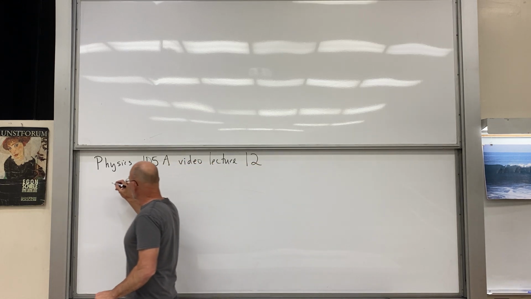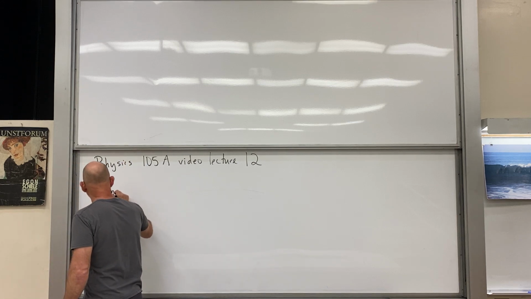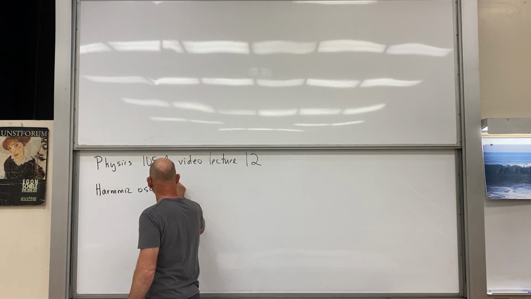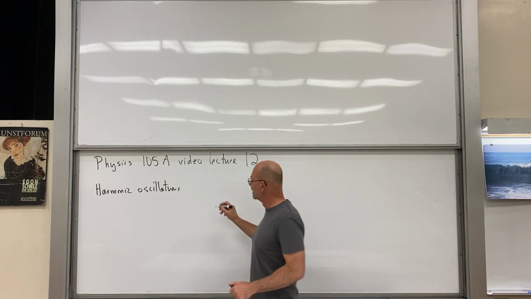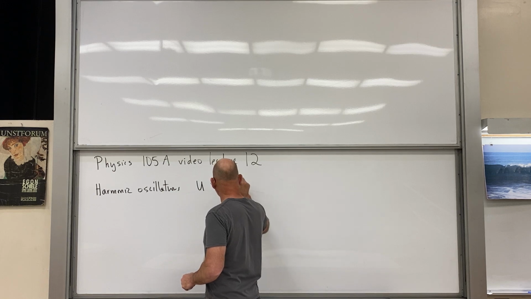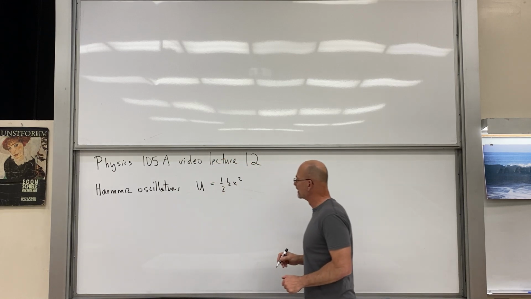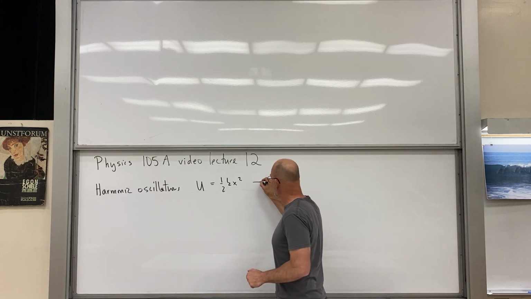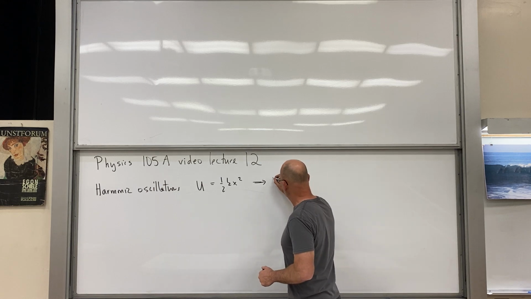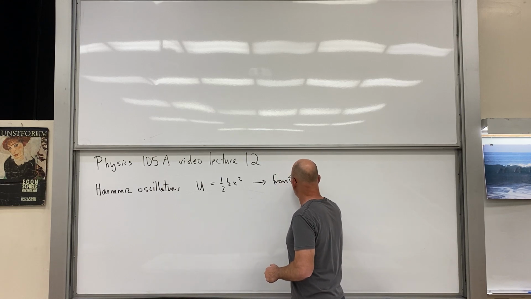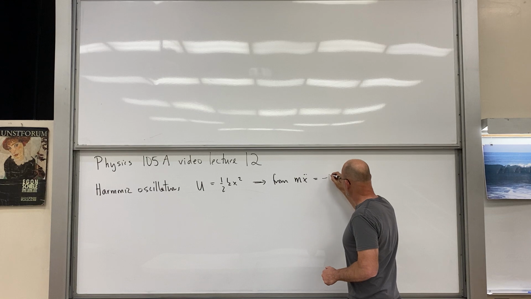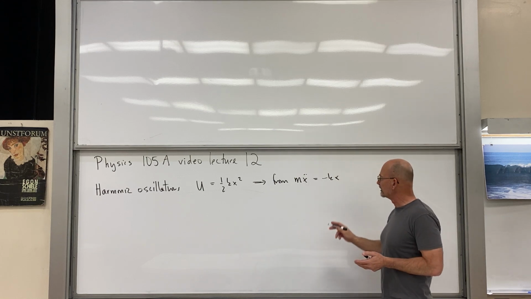So let's start with our formalism. Harmonic oscillations result when we have a potential energy ½ kx squared. Okay, and the upshot of that is that our motion, from mass times acceleration equals minus kx, which is what we had last time, right?